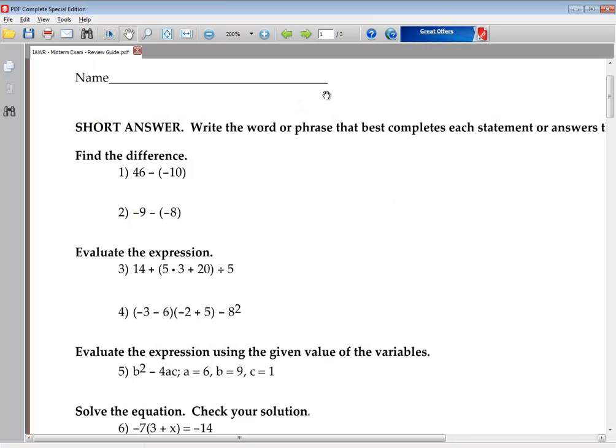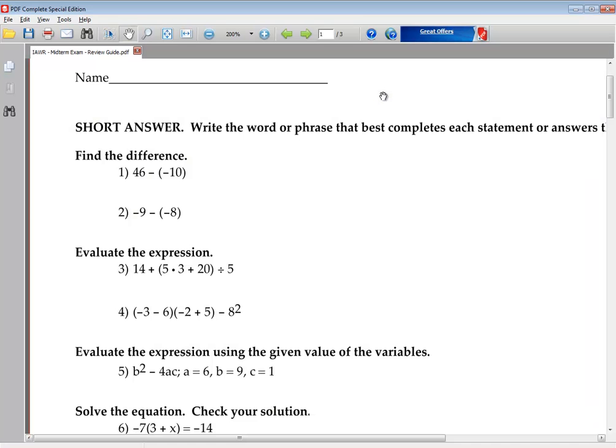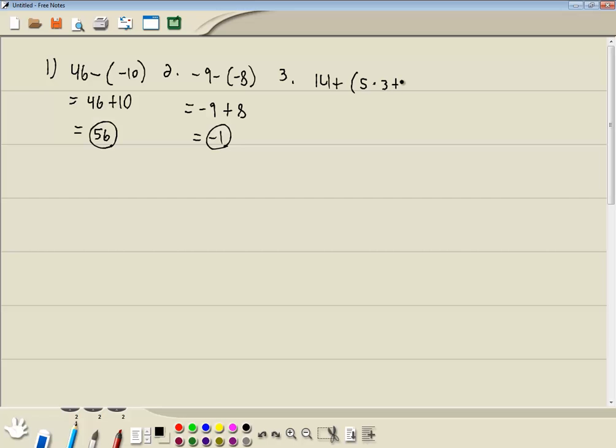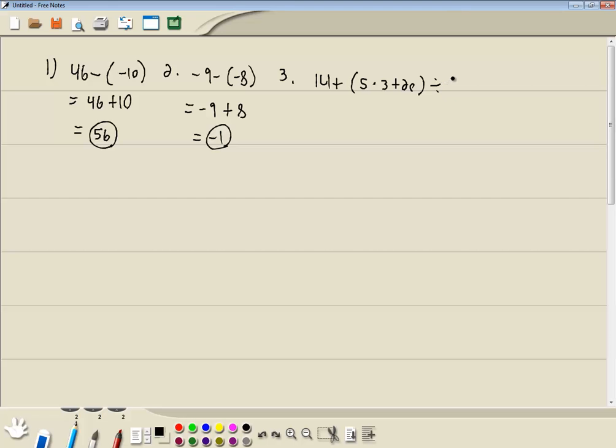Number 3, we got 14 plus 5 times 3 plus 20 divided by 5. Please excuse my dear Aunt Sally.